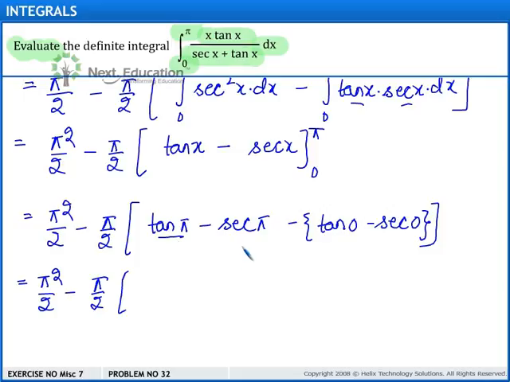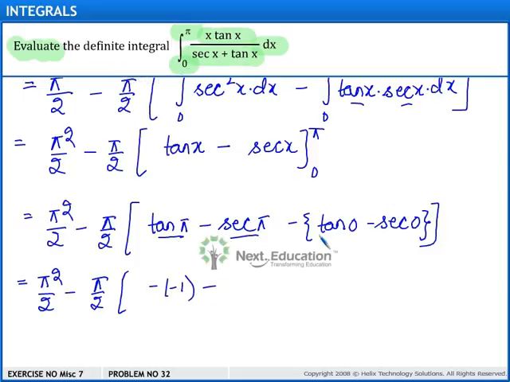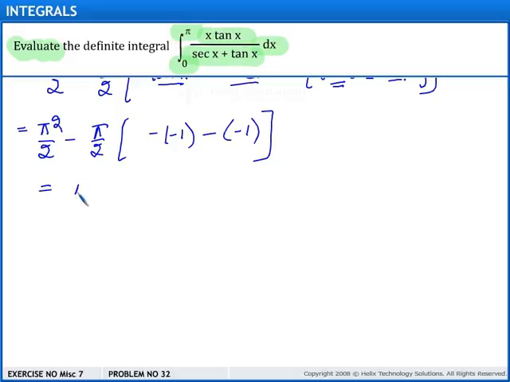Tan pi is 0, sec pi is minus 1, minus of tan 0 is 0, then we have minus of sec 0, that is 1. So we have minus 1. So this is equal to pi square divided by 2 minus pi.